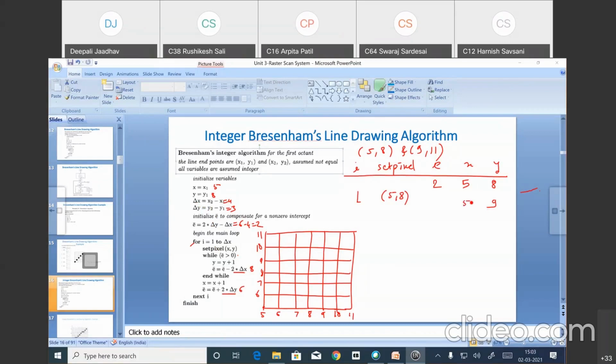What is 2 delta x? 8. What is e? 2. 2 minus 8 becomes minus 6. Then x is equal to x plus 1, means increase the value of x, and then e is equal to e plus 2 delta y. What is e? Minus 6 plus 6 becomes 0. Next, I increase i by 1, i becomes 2, set pixel x comma y, 6 comma 9.